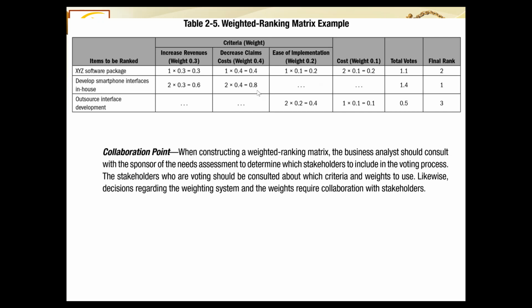So 0.6 and 0.8 is 1.4, and 0.4 and 0.3 is 1.1, right. Then I compare it with the third option and see that it is the lowest. So ultimately I give them ranking: first, second and third.